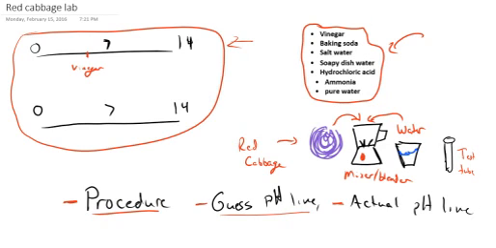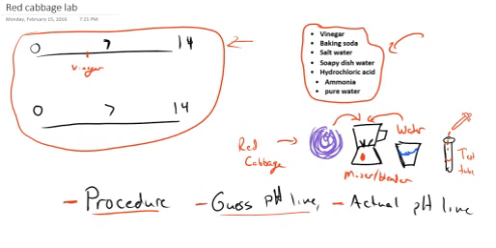You don't want to dump anything into a test tube, so take a dropper and put 2 drops inside of your test tube until it fills up about 1/3 of the way. Once you've got that done, you've got your red cabbage indicator ready, and you can start adding things to it drop by drop and seeing what the indicator tells you.